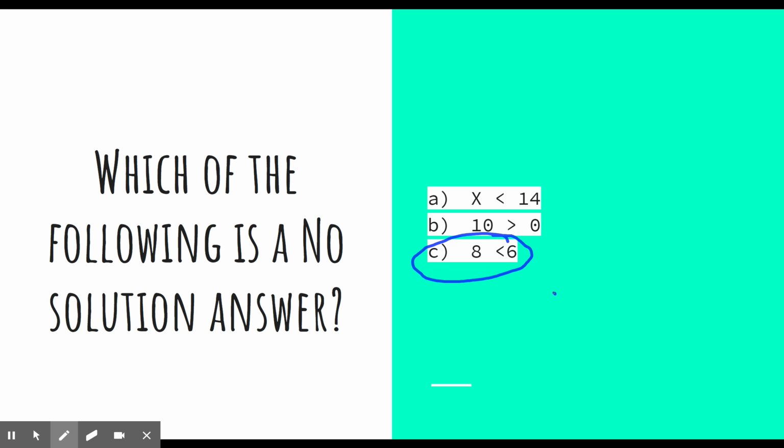Because this is a false statement. 8 is not less than 6. That's insane. Otherwise, it wouldn't be 8. All right, you have to have definitions and you have to stick to them. So this is the one that would mean that there's no solution because you get a false statement.